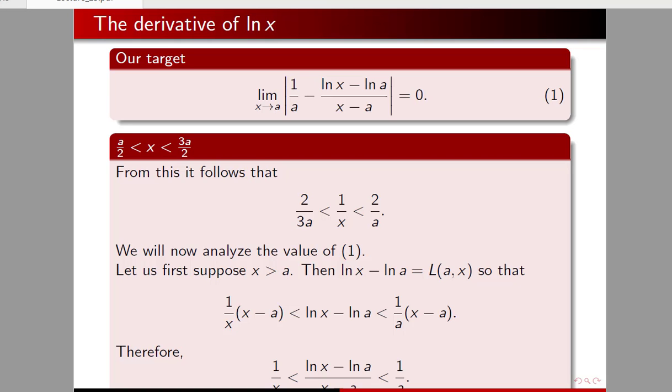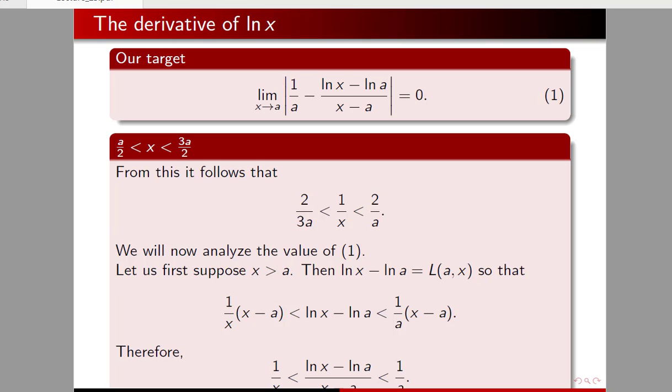So we'll start off by taking the derivative of the natural log of x. What we're going to be doing here is showing that the limit as x approaches a of the absolute value of 1 over a minus the fraction natural log of x minus natural log of a over x minus a is equal to 0.